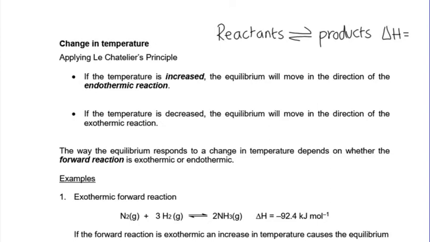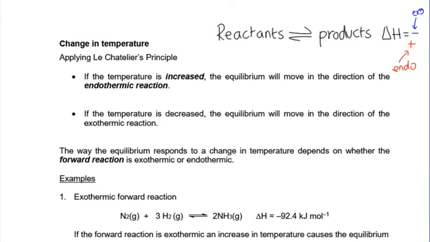So is it exo or is it endo? Because that is going to change your answer. And that's the most important thing to think about, and the first thing you should always write down in your answer: the forward reaction is, and then tell me whether it's exo or endo.